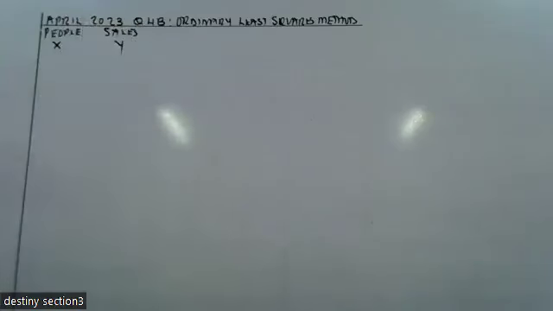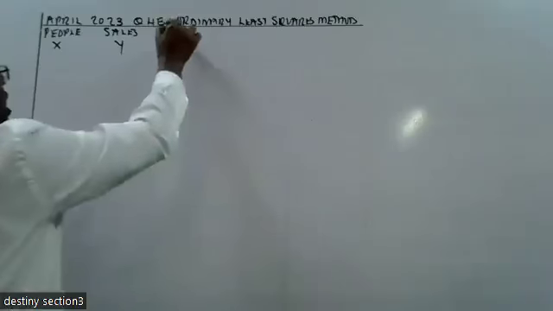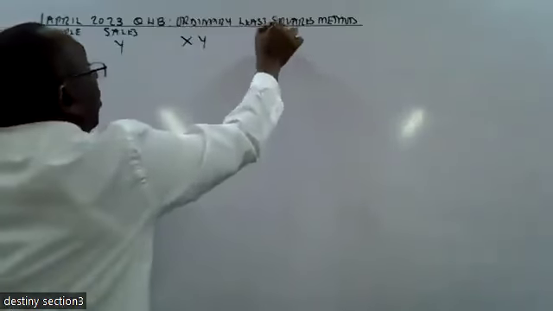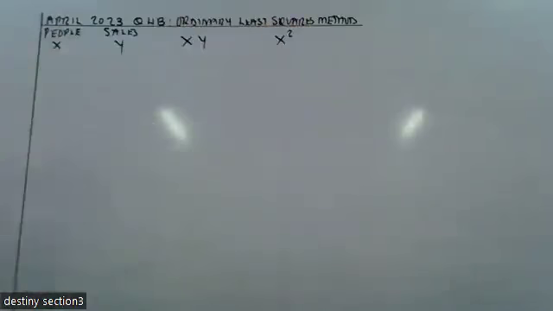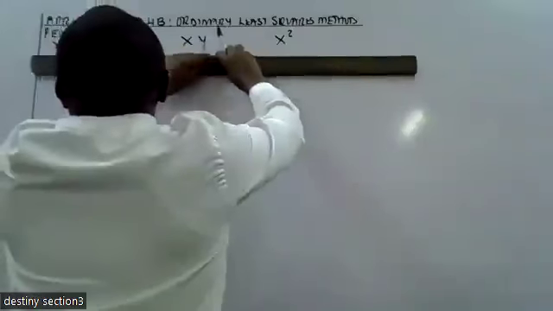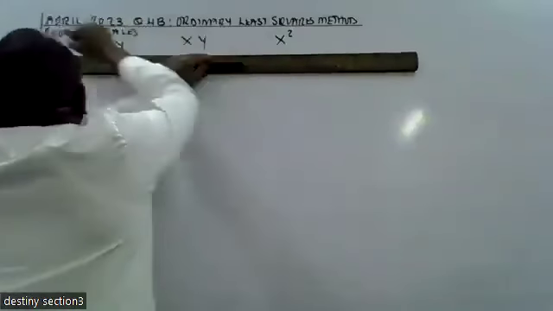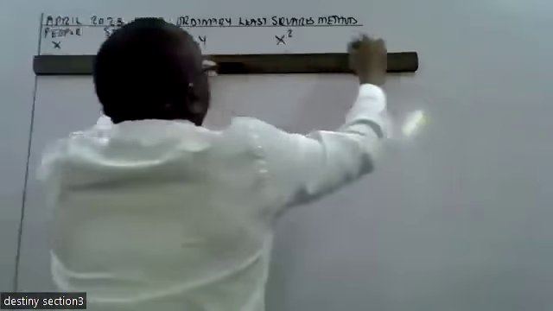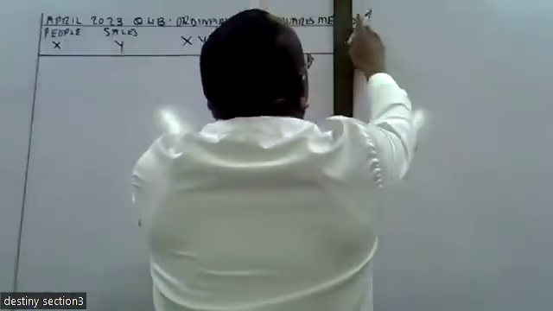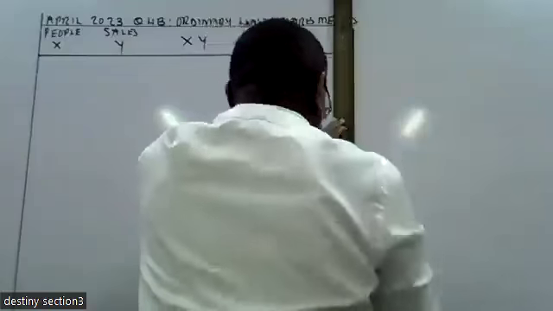They become our Y. Then I told you to require a column where X is multiplied by Y, and you require a column where X is squared. Those are the four columns that we require anytime you are in regression analysis.